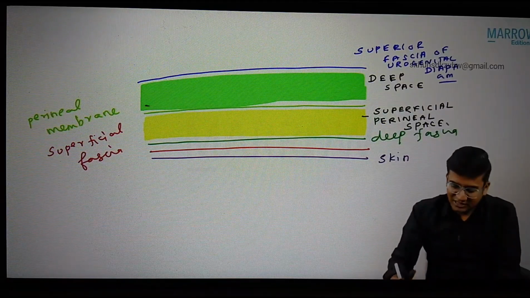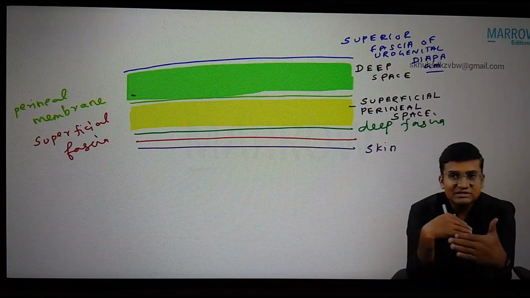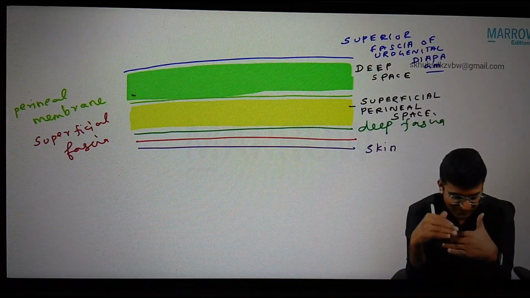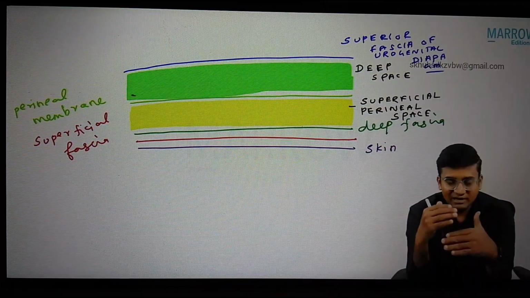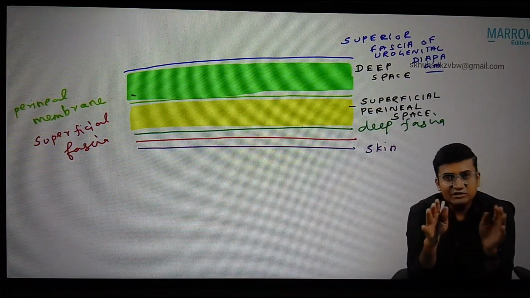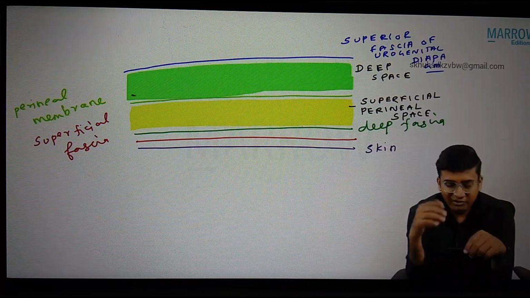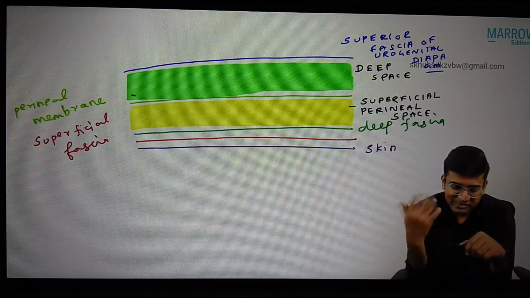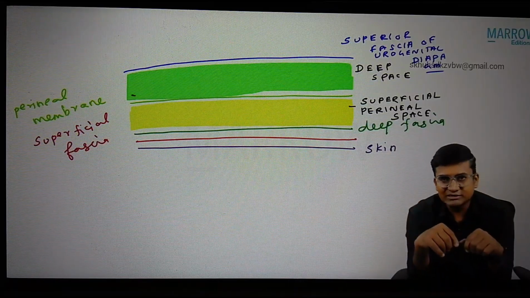Now these are the layers of the urogenital triangle. From below: skin, superficial fascia, deep fascia, superficial perineal space, perineal membrane, deep perineal space, and superior fascia of urogenital diaphragm. From this line diagram, we came to know the boundaries of the deep space and superficial space.